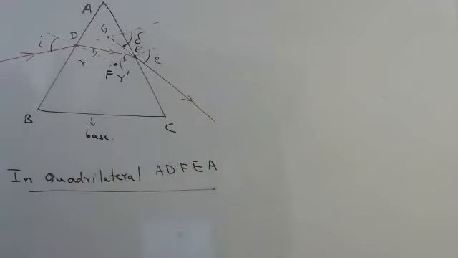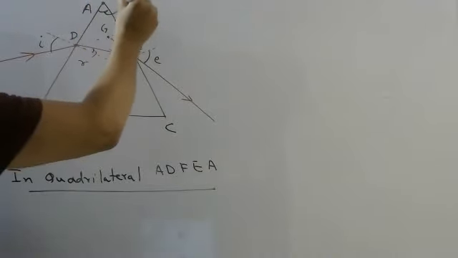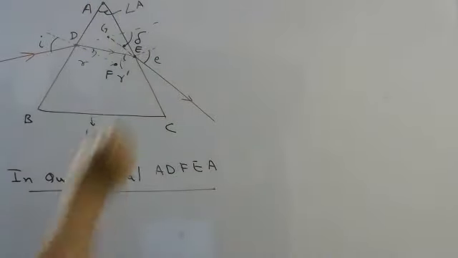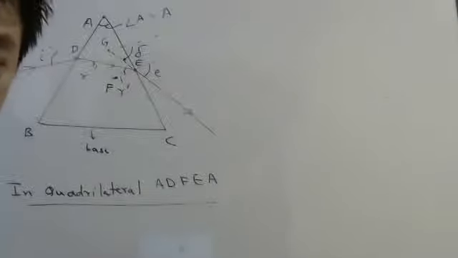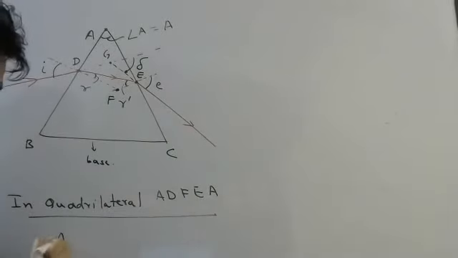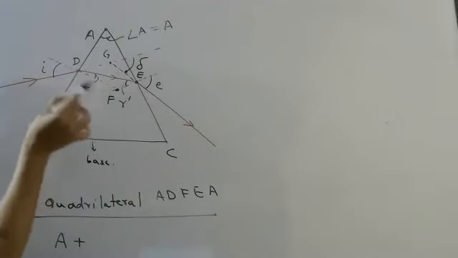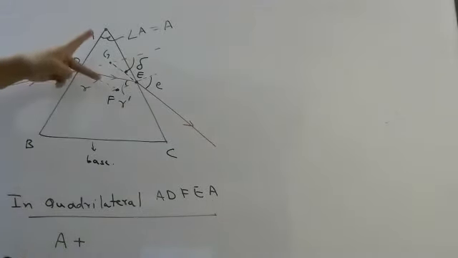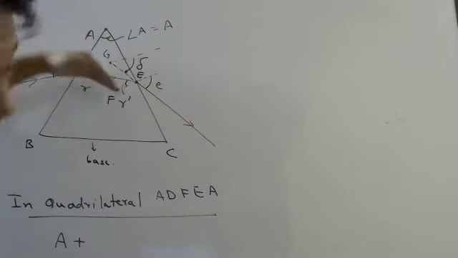So in this quadrilateral, you can see this angle is always called angle of prism. So this is angle A, which we simply write A. The next angle is ADF, but ADF is 90 degree, right? Because AD is the surface, DF is the normal.